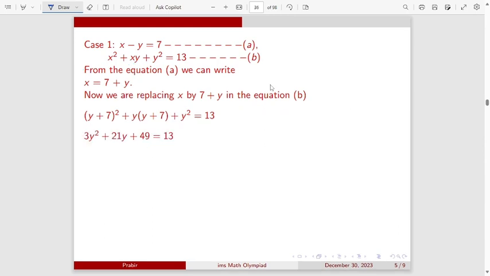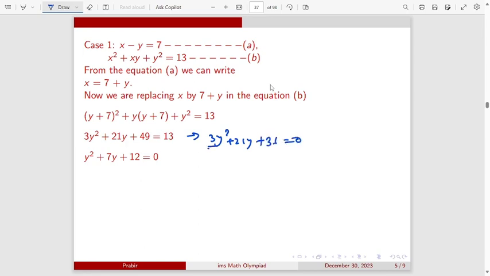So now we have this one, 3y square plus 21y plus 49 equals 13, and then this will become 36. So we already have 3y square plus 21y plus 36 equal to 0. From here we are factoring 3 out, meaning we are dividing the whole equation by 3, then this will become y square plus 7y plus 12 equals 0.